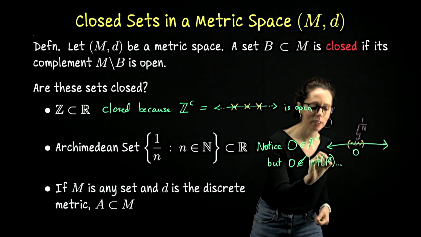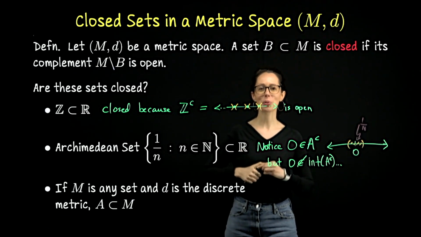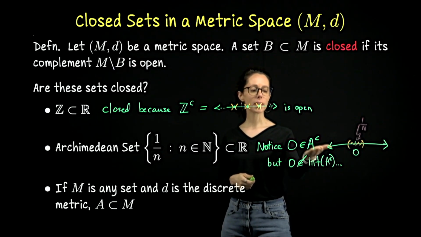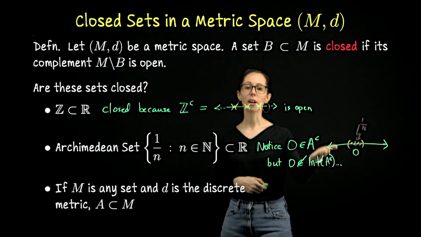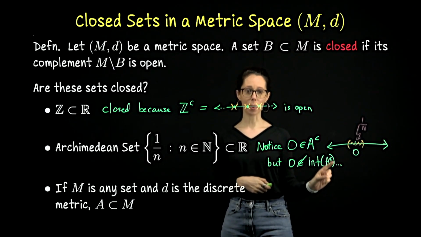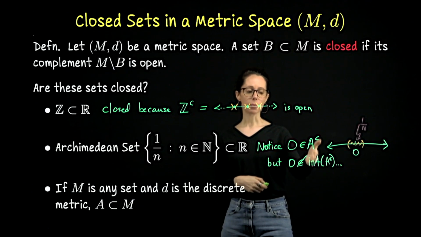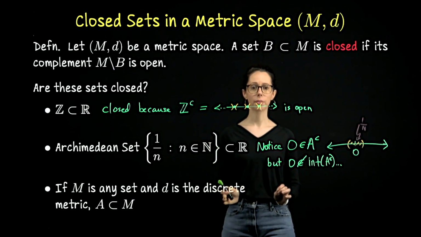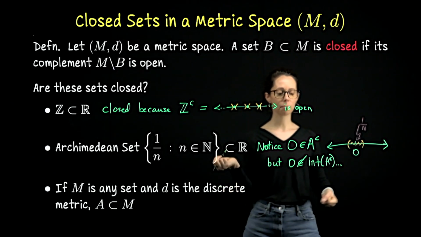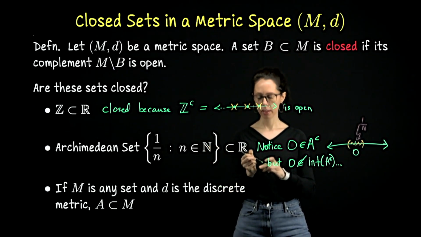Sorry, be really careful here, switching back and forth between a set and its complement. So 0 is in the complement, but it's not an interior point of the complement. Therefore, the complement is not open. Okay, so since the complement is not open, the original set is not closed. So this third example is not closed.